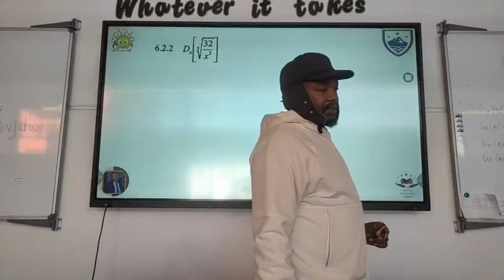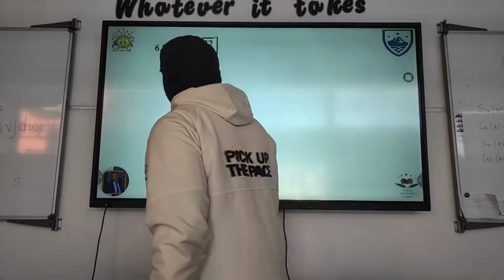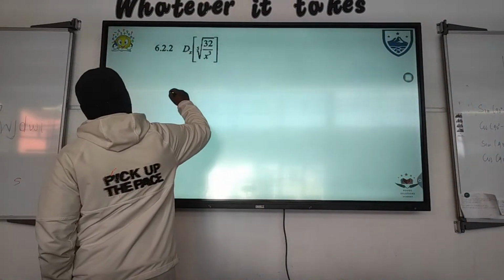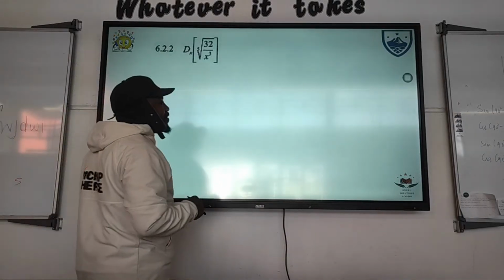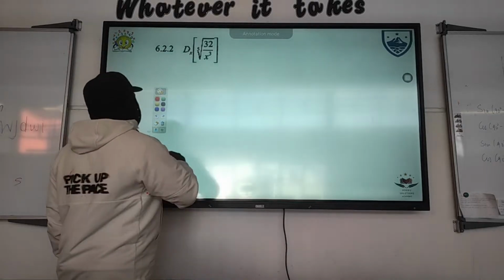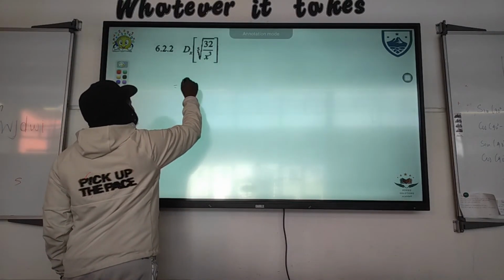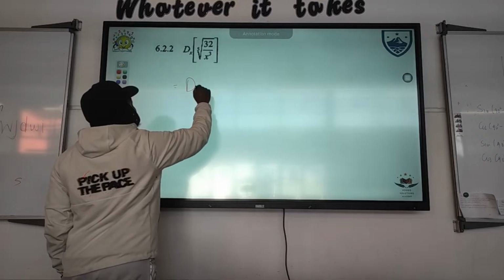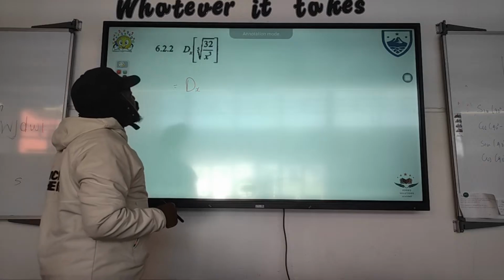All right, with this one, very nice. So we said, as long as you haven't differentiated, your dx remains as it is, so we will have your dx, yes, and then we have the root of 32 over x cubed.